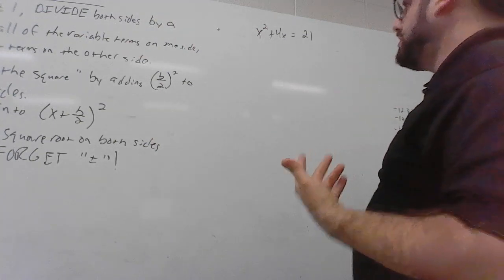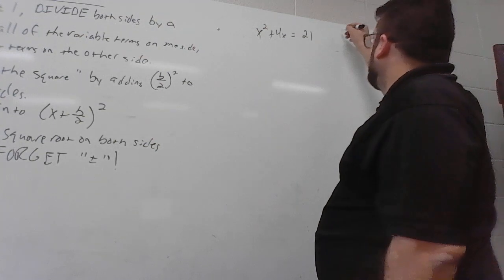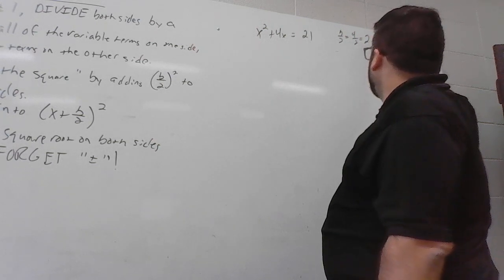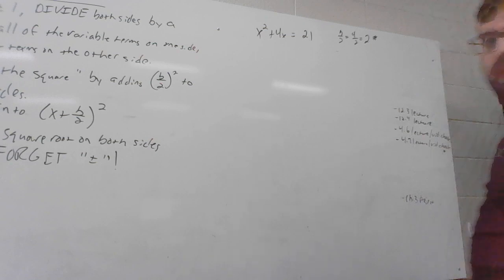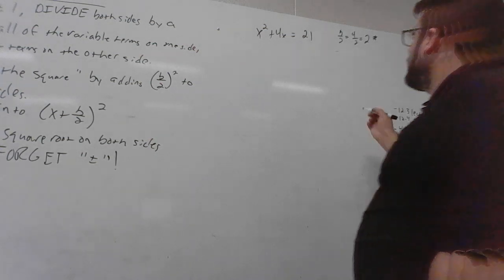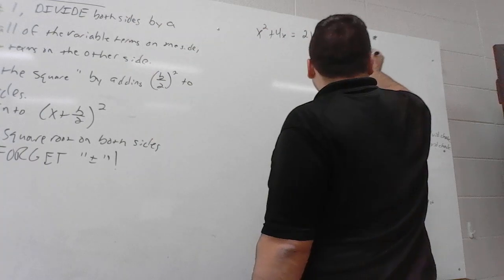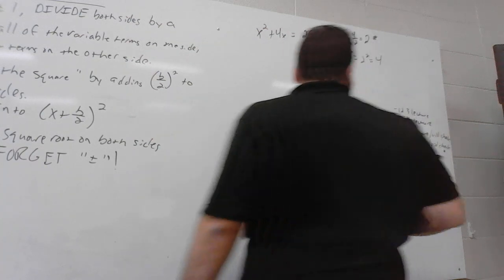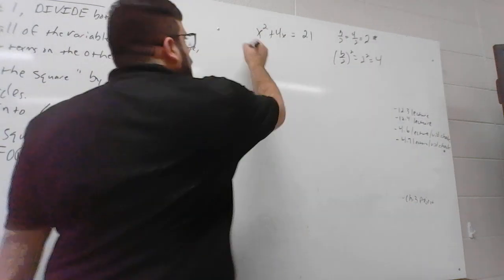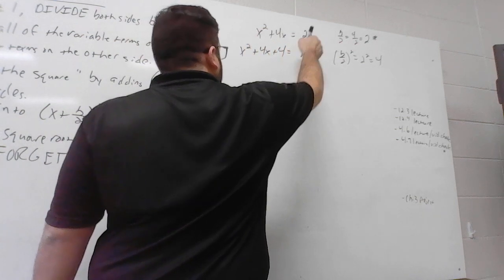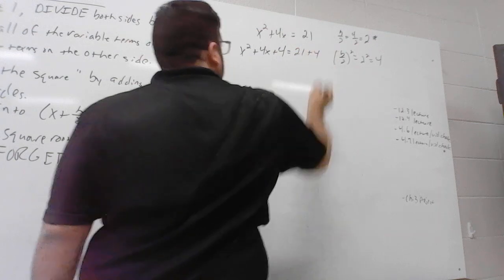So what's my b over 2? So b is 4. So b over 2 is 4 over 2, which is 2. So I'm going to come back to that when I factor. So I'm going to add b over 2 squared. So b over 2 squared, that's 2 squared, which is 4. So I'm going to add 4 to both sides. x squared plus 4x plus 4 equals 21 plus 4.